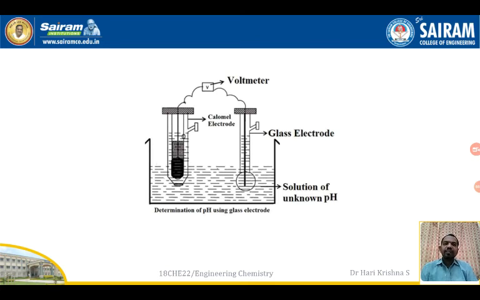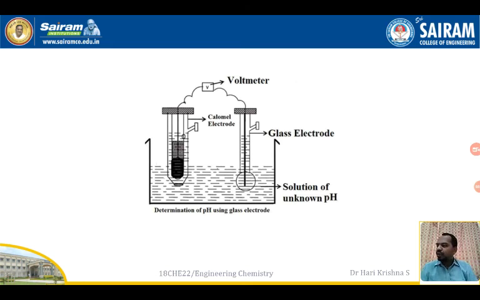So how do we determine the pH? We take a standard calomel electrode, which acts as the reference electrode. We take a glass electrode, which acts as the indicator electrode, that is the ion selective electrode, couple them to the voltmeter, and dip both electrodes in the solution whose pH has to be determined. Once it is dipped, we measure the potential.